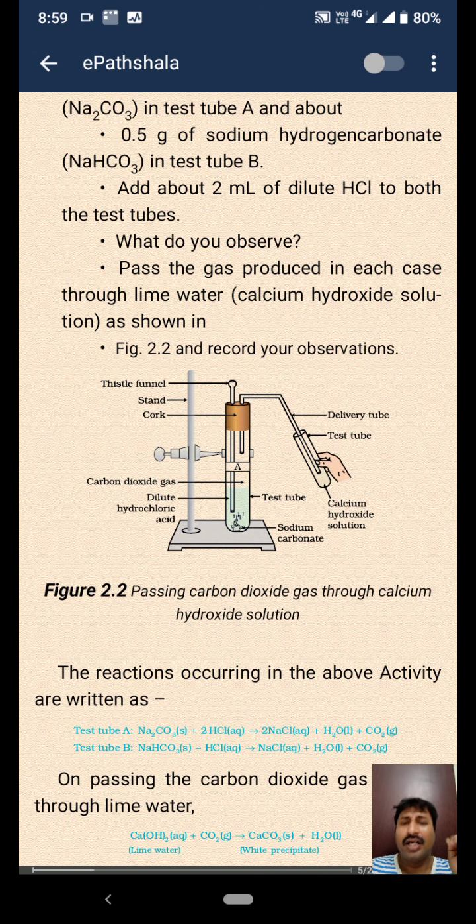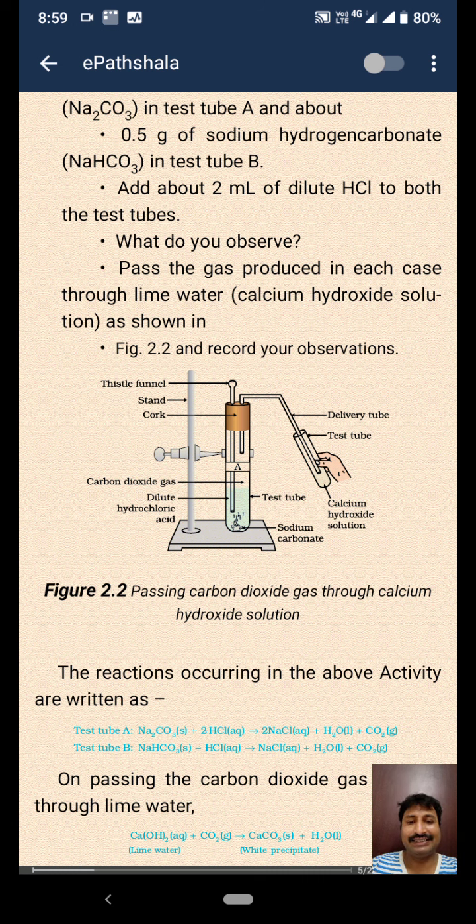And how does sodium carbonate, a metal carbonate, react with an acid? Sodium carbonate, Na2CO3, when it is added to HCl or sulfuric acid H2SO4, gives out NaCl when it is hydrochloric acid, Na2SO4, that is sodium sulfate, in sulfuric acid, plus water plus carbon dioxide.